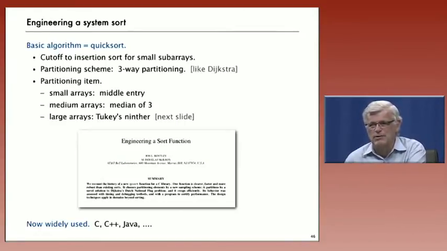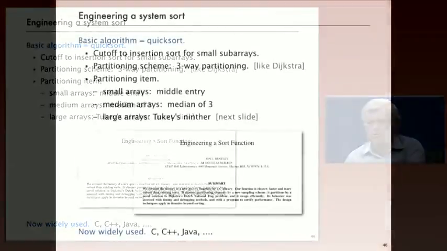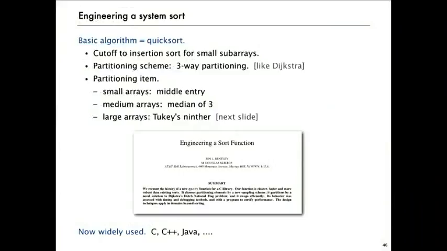He worked with Doug McIlroy, and they wrote a paper that outlined this problem and talked about some of these things. And they had a three-way partitioning method that was somewhat like the Dijkstra method that we showed, but a bit more complicated.